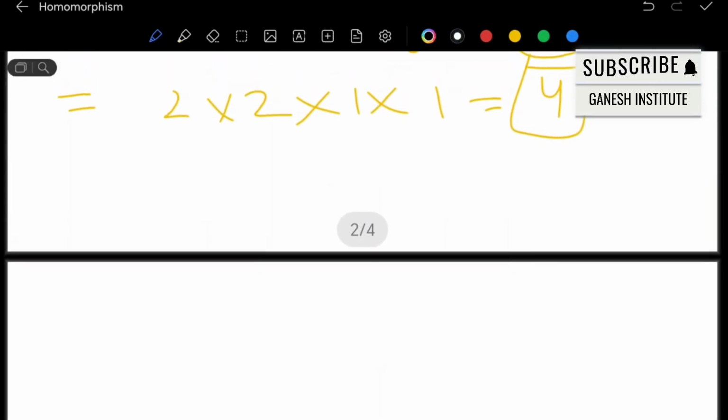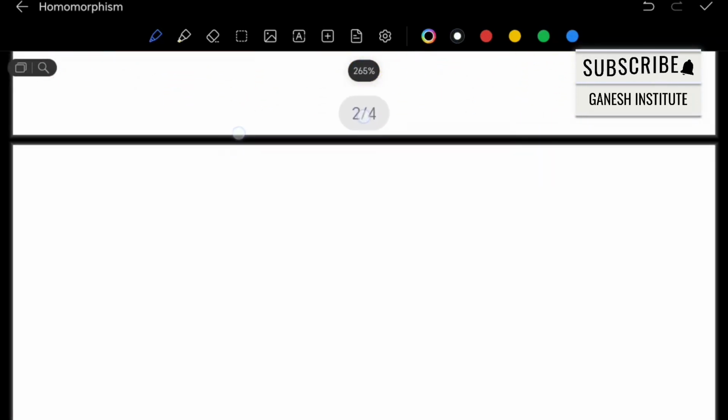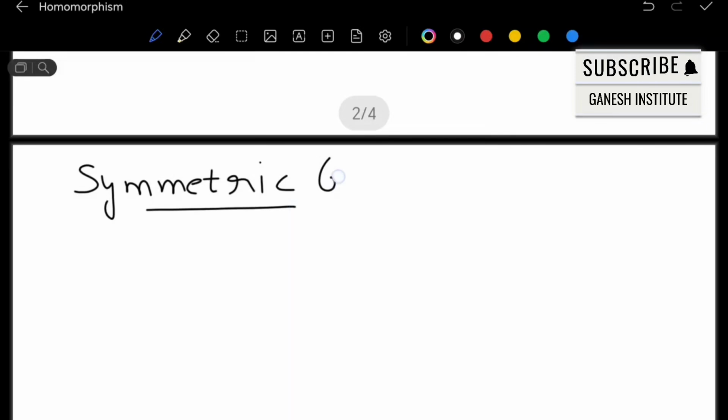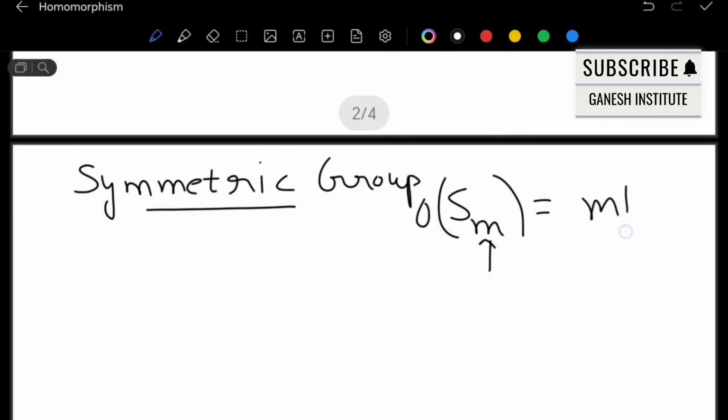Now there may be another type, which includes symmetric groups. Do you know what symmetric groups and alternating groups are? If we represent a symmetric group by S, for example S_M, the order of the symmetric group is M factorial.